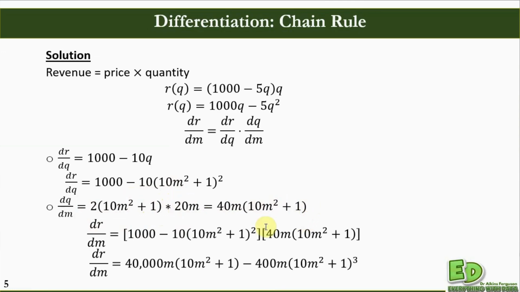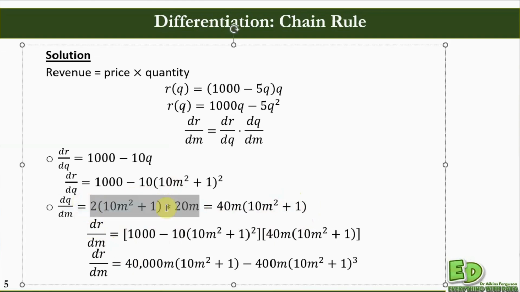We substitute these functions into the chain rule formula. So dR/dM, our marginal revenue, is equal to 1000 minus 10 into bracket (10m squared plus 1) all squared, multiplying dQ/dM, which is 40m into bracket (10m squared plus 1).